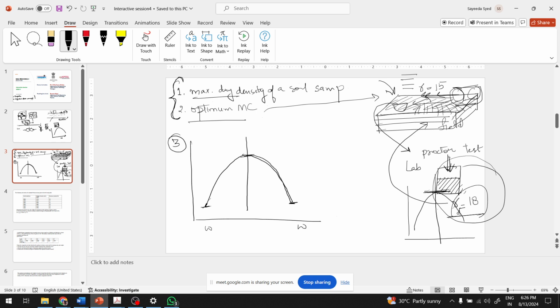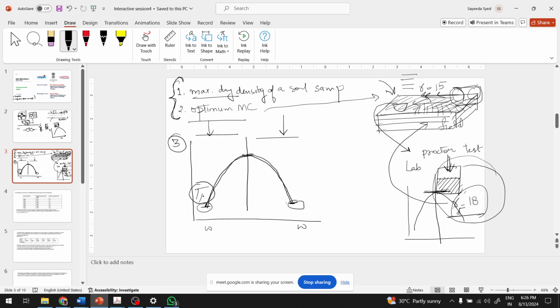What is the difference between this soil and this soil? Even though both of them have the same density, these soils are not similar. You should know this, because this type of soil has different applications, and this type of soil has different applications. First of all, you must have studied that here you have a flocculated structure.